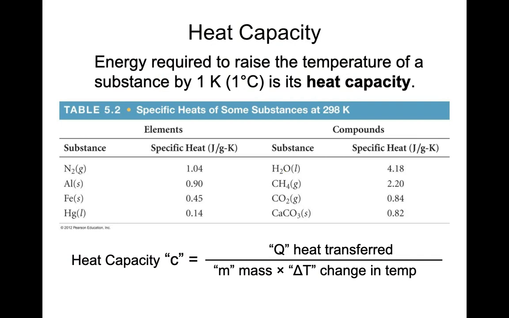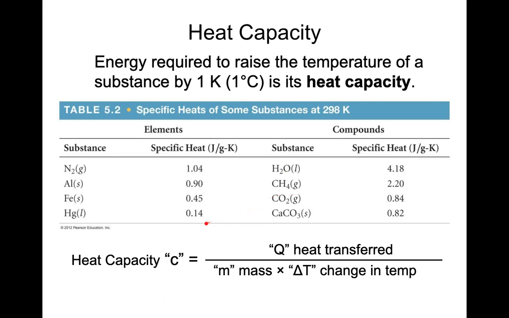If we revisit this idea of heat capacity, again, heat capacity is the energy needed to change temperature. And as we've discussed already in this class, different substances have different specific heat capacities or heat capacity. Notice that water is the highest out of all of these.